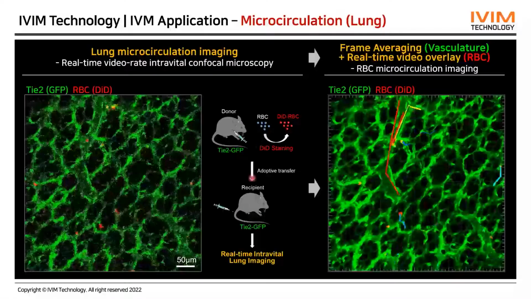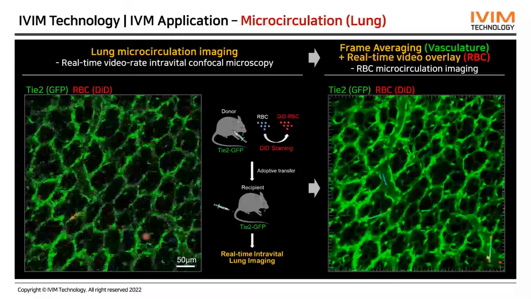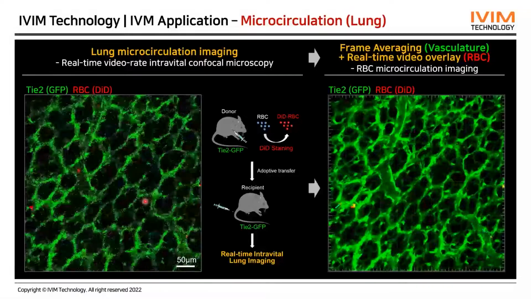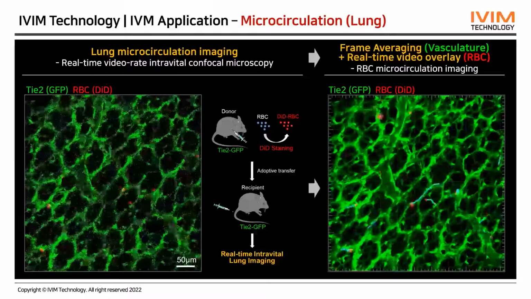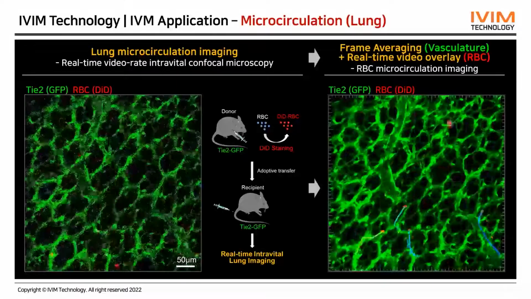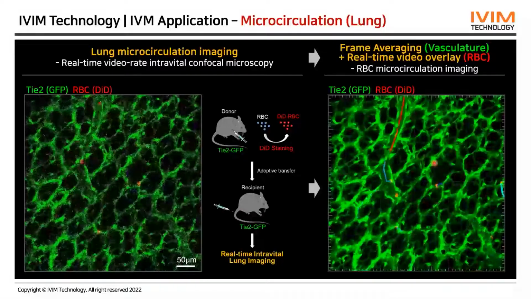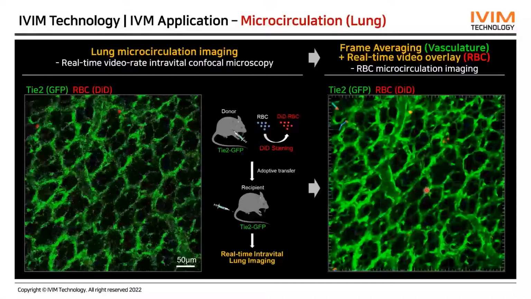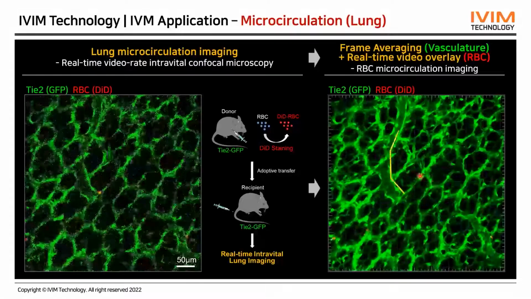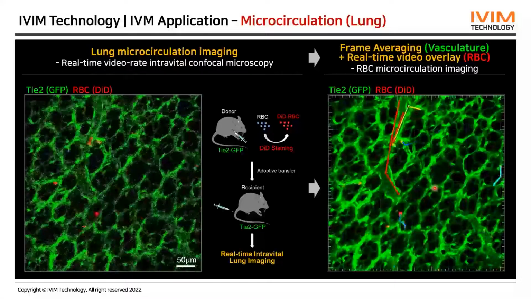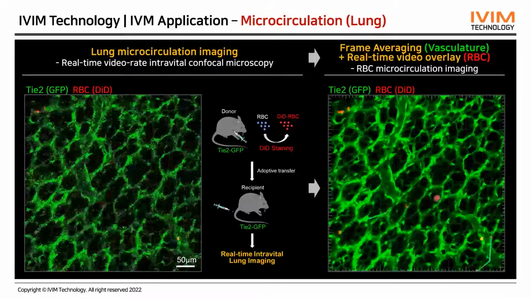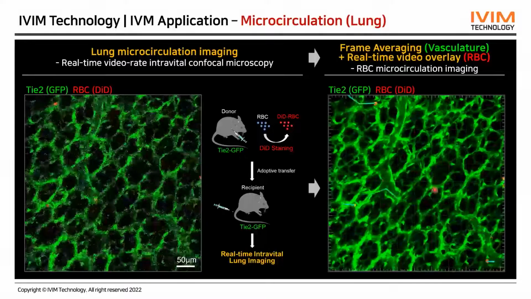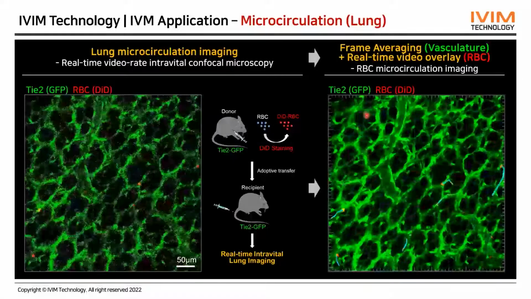We acquired a real-time movie of pulmonary microcirculation at 30 frames per second, and then processed it for frame averaging and motion compensation for the vasculature. Then we performed video overlay with the RBC signals. Then we can get the high quality real-time video of the pulmonary microcirculation, and we can measure the RBC flow rate with the cell tracking functions also.